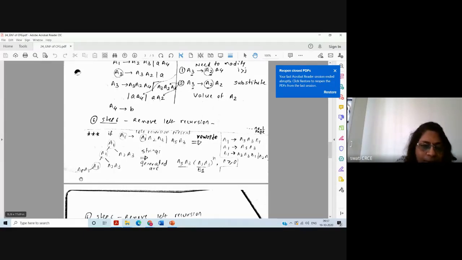So if you go on applying A1 again for n number of times, your string will be A5 A3 and right hand side will be A2 A3 for n number of times, where n is greater than or equal to 0. So this is the type of the string.